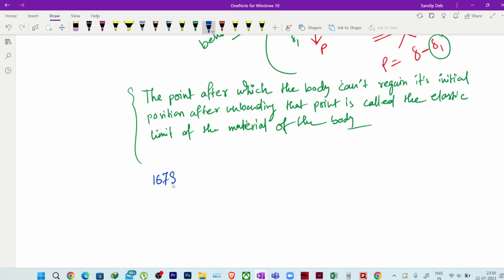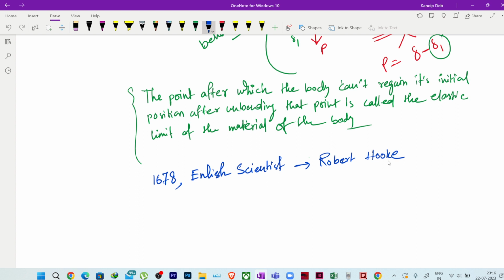In 1678, an English scientist whose name was Robert Hooke observed, with different materials, by doing the same experiment, that the applied force is proportional to the elongation that we are seeing.